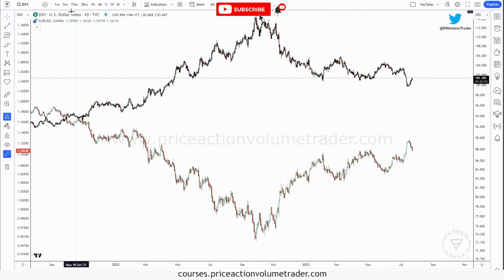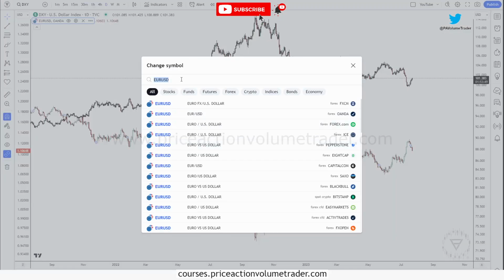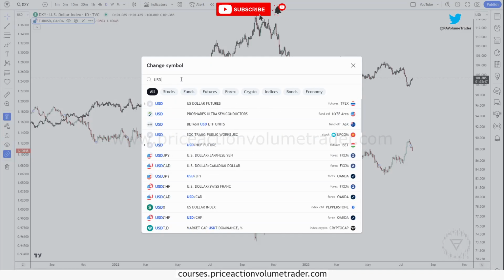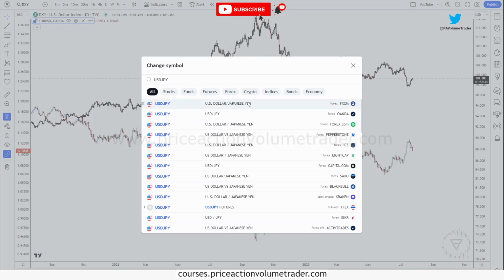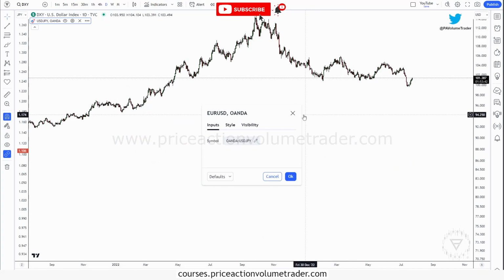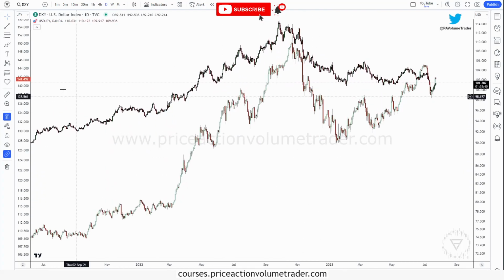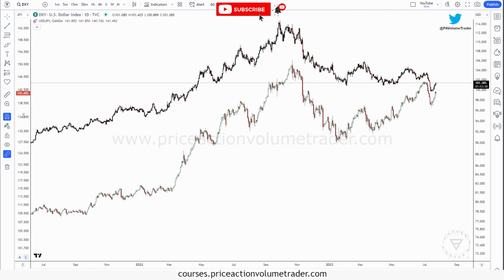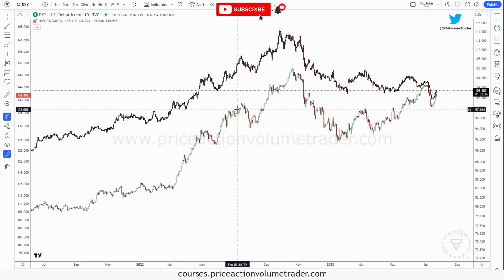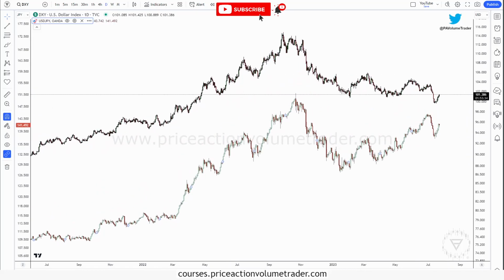If, for example, we change this, and let's say I change the euro dollar and put in US dollar Japanese yen, now you can see that these are highly correlated positively. And why is that? Well, because now we have the dollar index against the US dollar and the yen.